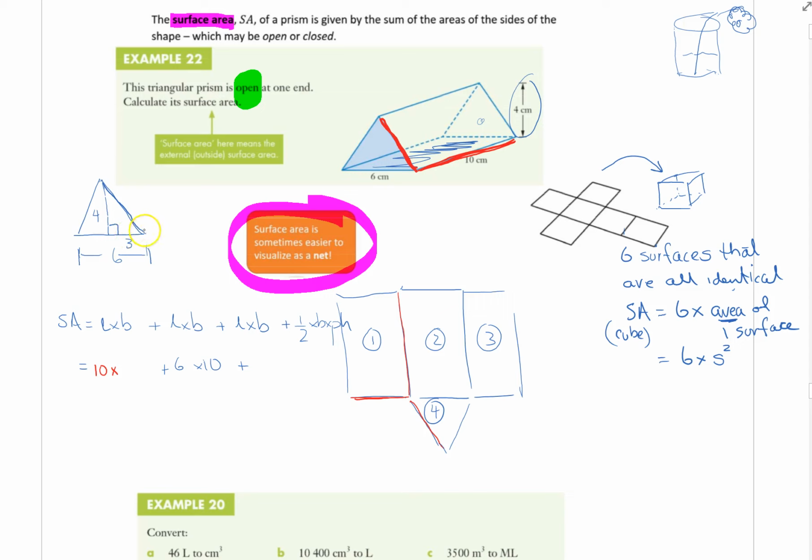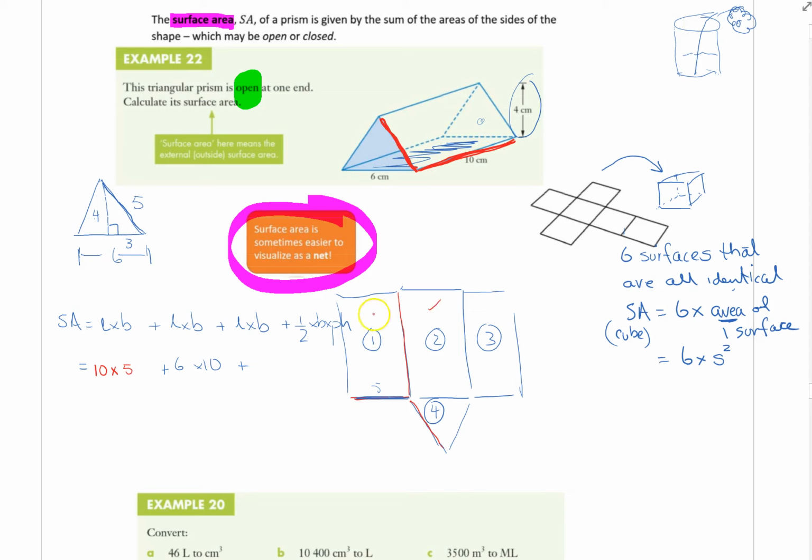I then realise I have a right angle triangle with sides 3, 4, and if I learnt my Pythagorean triad from last exercise, I will know automatically that the length of that side of the triangle is 5. This side of the rectangle matches this side of the triangle, so this is a 5. So I'm doing 10 times 5 for the area of this rectangle.